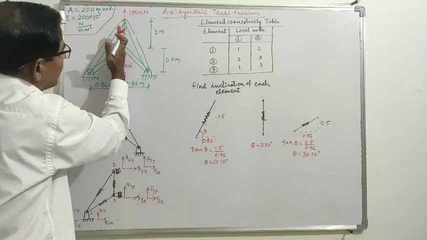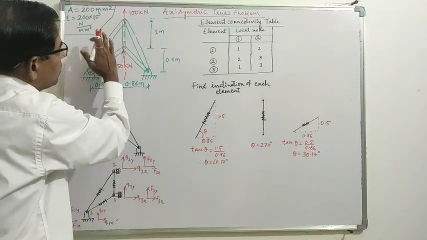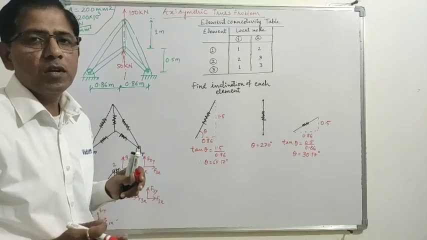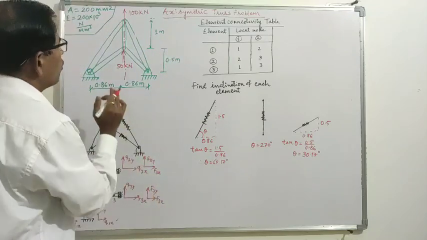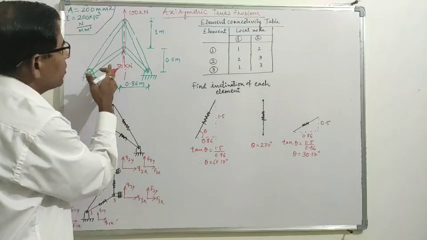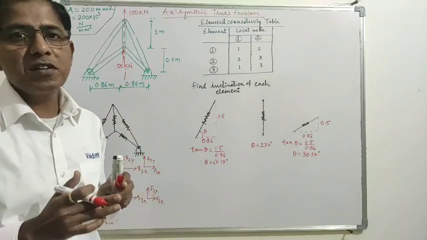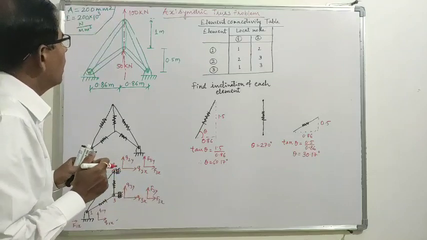The left hand side portion of the truss problem and the right hand side portion of the truss problem are similar. So this problem can be treated as an axis symmetry truss problem.